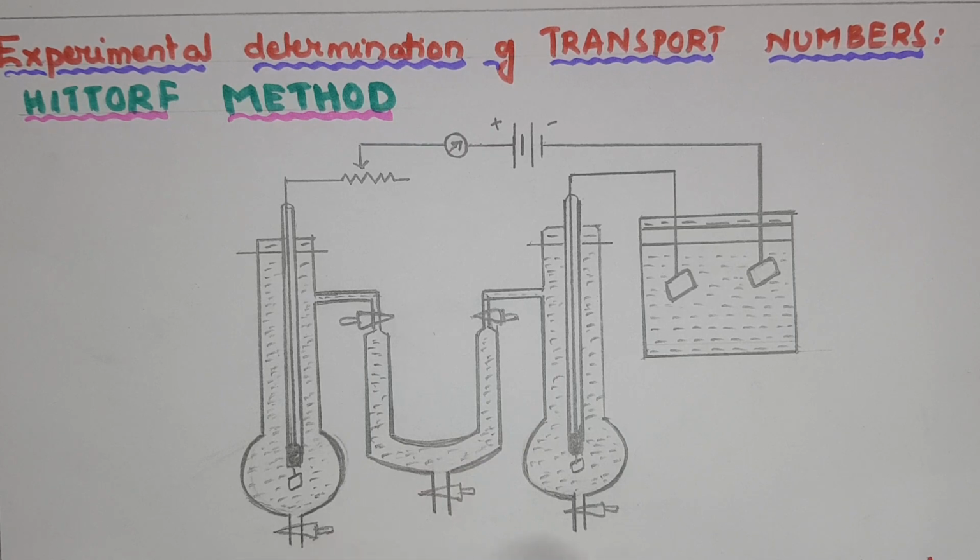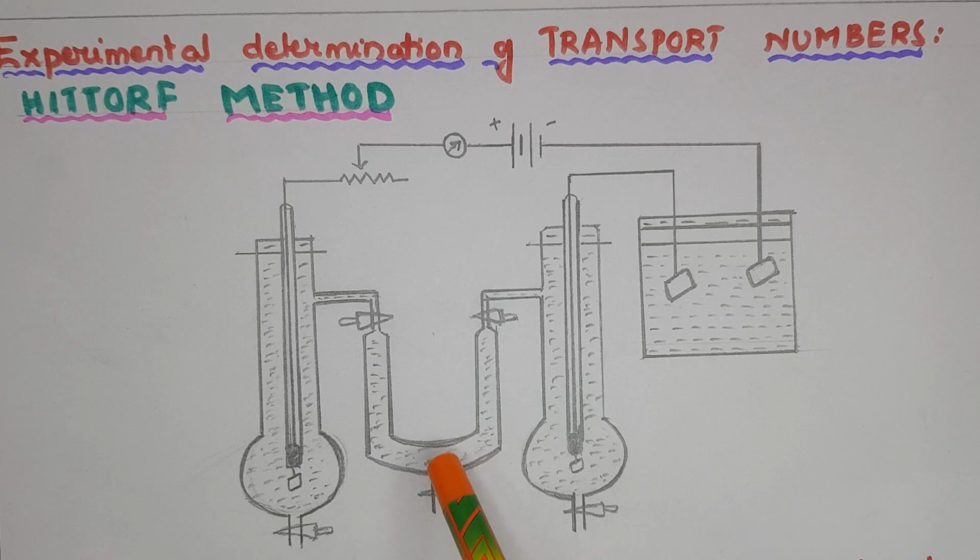In this apparatus you can find the anodic and cathodic compartments, separated by a U-shaped middle compartment.